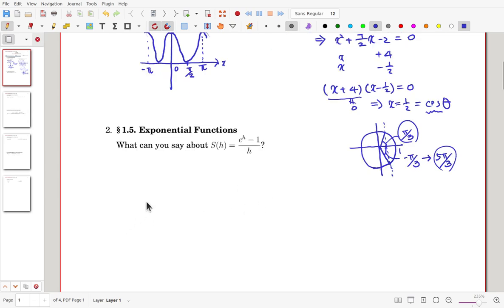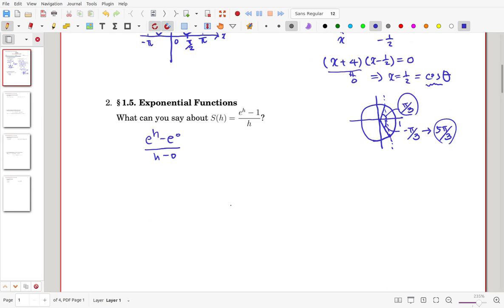Okay, now number 2. What can you say about S of h, which is given in this way? The given term is the same as e to the h minus e to the 0 divided by h minus 0, which is the average slope of the graph between 0 and h.